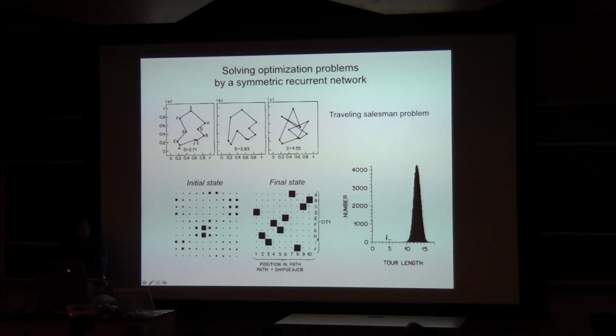Right. So what they did is that they use the weights. It turned out to be symmetric. It's such that each row and each column has only one cell that should be active. You can design the weights in a clever way to make sure this will actually happen. And then the total weights would also be optimized. Right? So they basically use the weights to make the system optimize the Lyapunov function. That Lyapunov function is the problem you want to optimize.